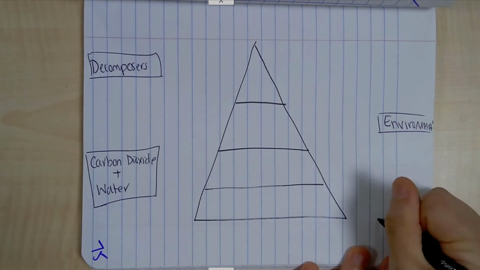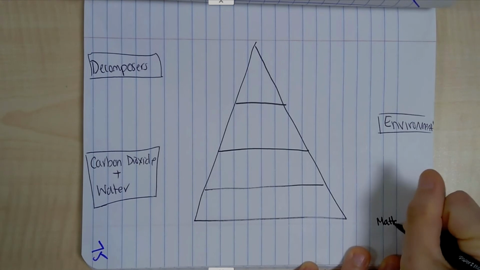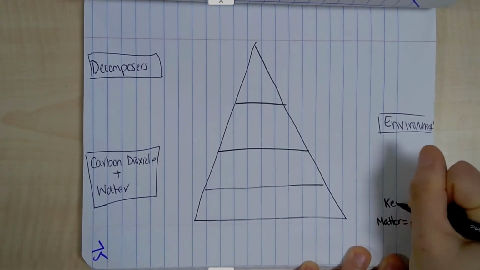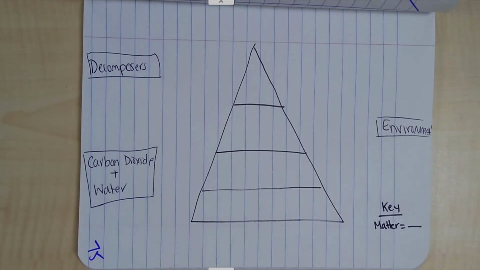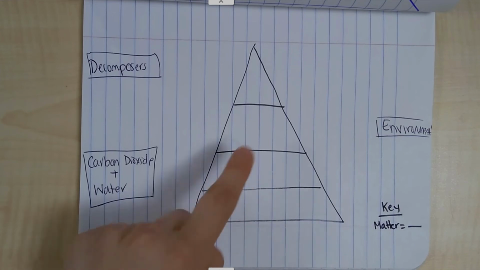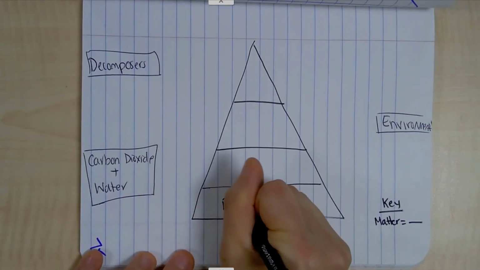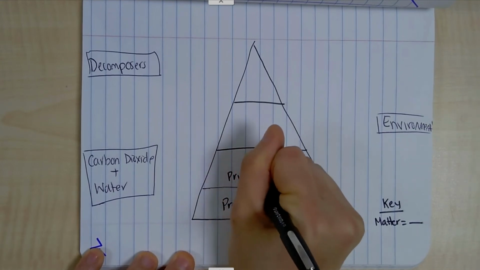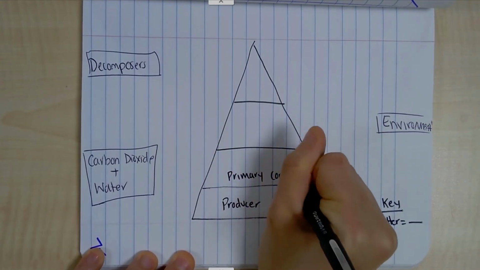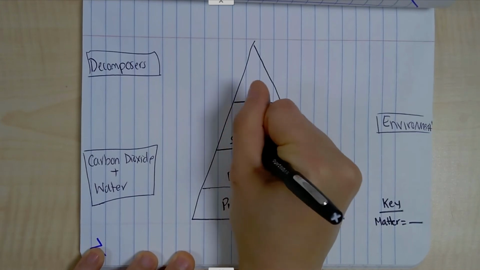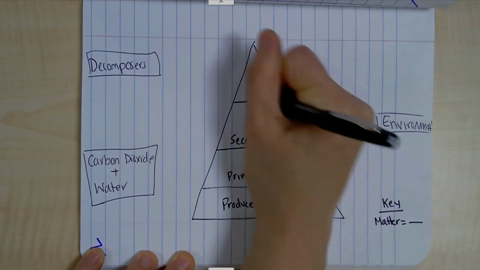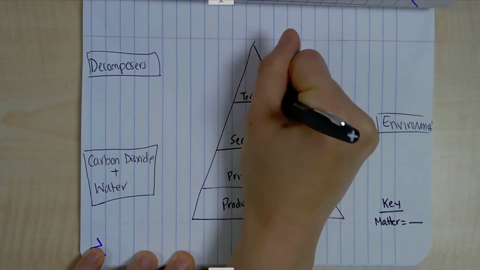Matter is going to represent a straight line, and I'm going to have that be the key. So when we're talking about matter, we know that it flows from our producer to our primary consumer to our secondary consumer, and then we've got our tertiary consumer.